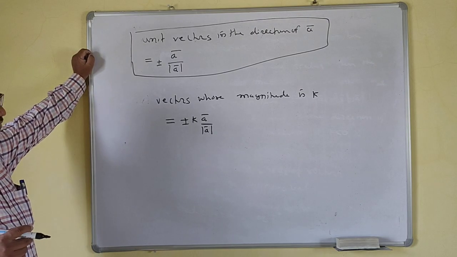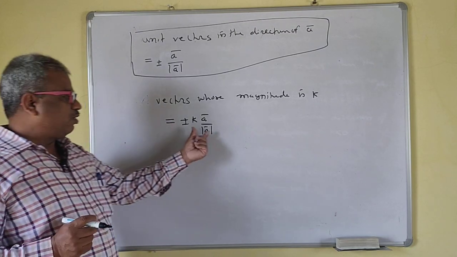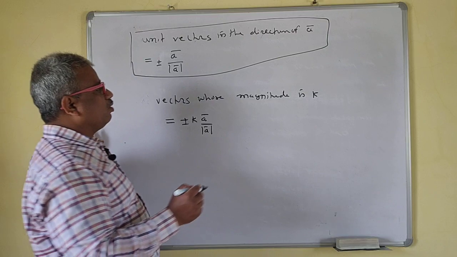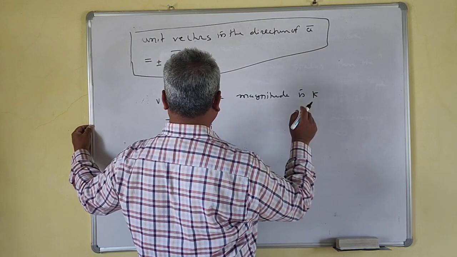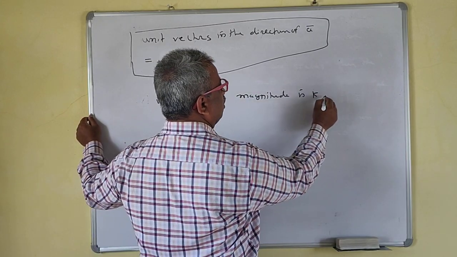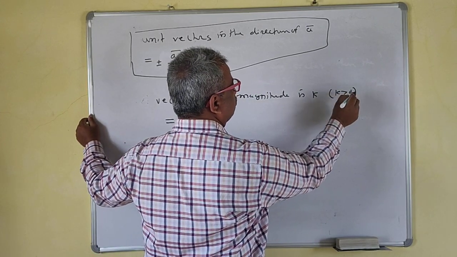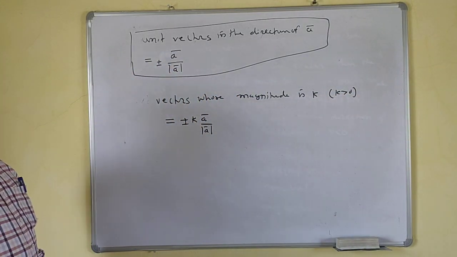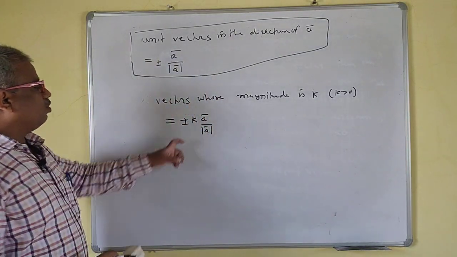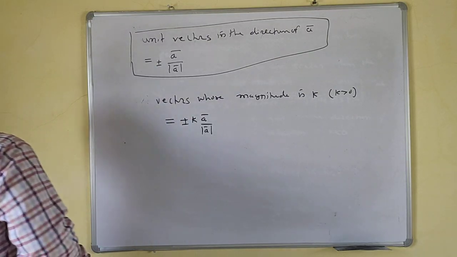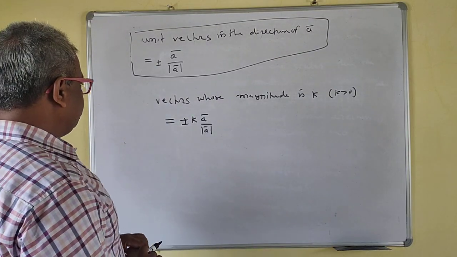These are the vectors whose magnitude is k, whose magnitude is mod of k. Okay, so if k is positive, k greater than 0, suppose. Magnitude is always positive. Okay, so k is greater than 0. So plus or minus k into a bar upon mod of a bar.